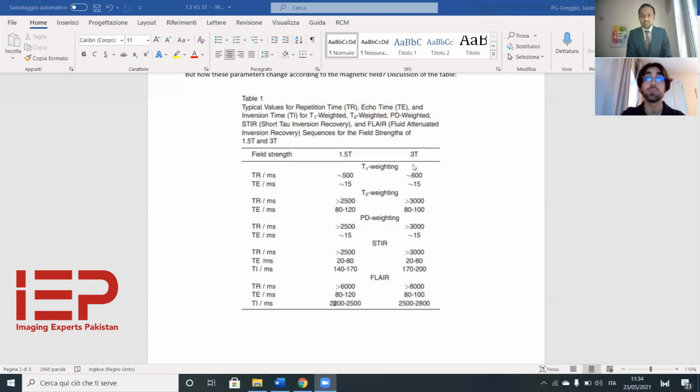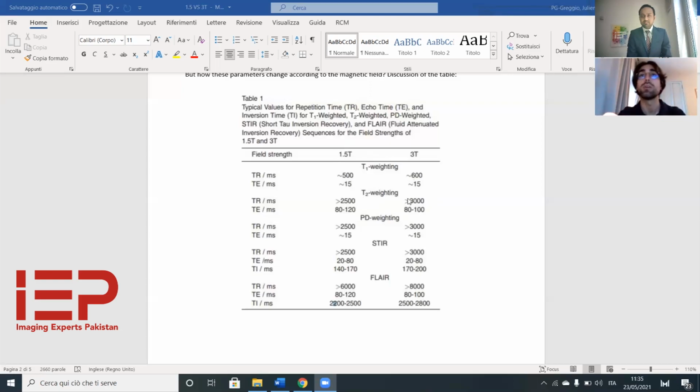We have this possibility. So this can be applied to the T1 and to the T2 as well, because especially for the 3 Tesla, T2 can reach very high values in terms of milliseconds. We can have T2 sequences that can easily reach 8,000, 9,000, even more. So we don't want TRs that are too high.